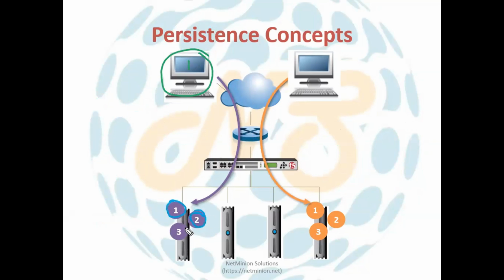Traffic 2 is coming, sending to server 1. Traffic 3 is coming, sending to server 1 only. Similarly, PC2, when it just came, went to server 4, and all the subsequent sessions are going to end up on server 4 only.